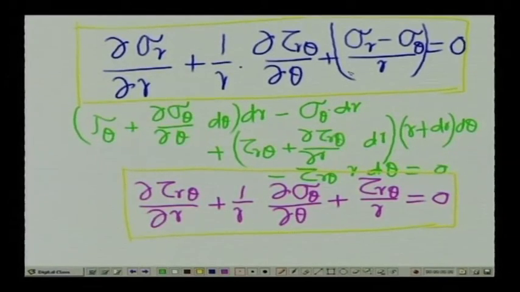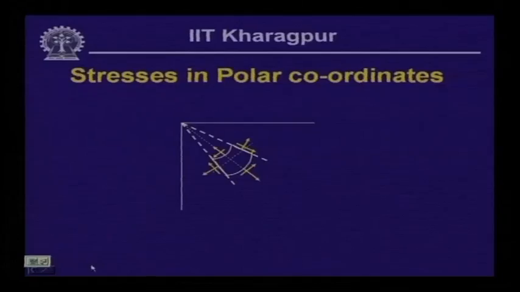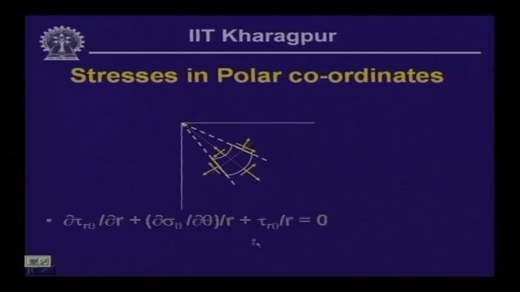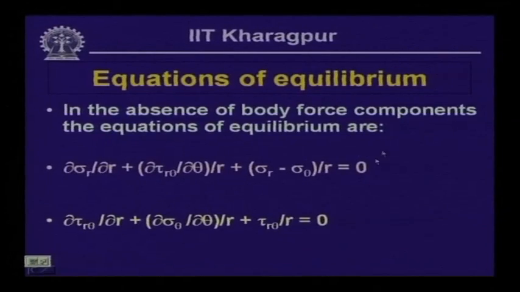So, these are the two equations of equilibrium, and they are represented in terms of the stresses sigma r, tau r theta and sigma theta, written in terms of the polar reference axes theta and r. Of course, please note that in this particular case we have not accounted for the components of the body forces in the radial and circumferential directions; we have neglected the body forces.